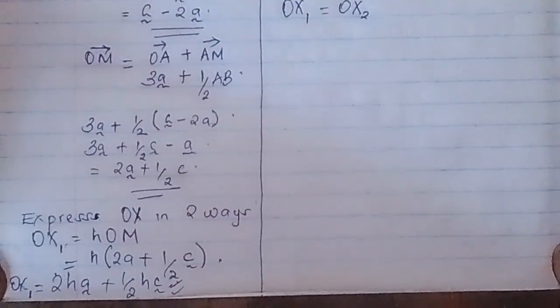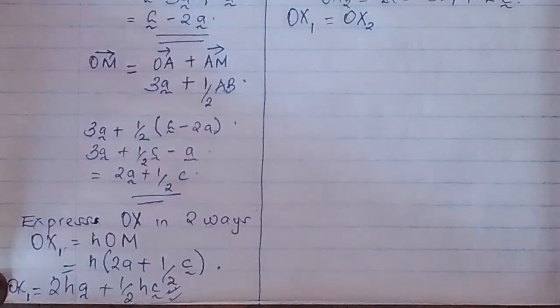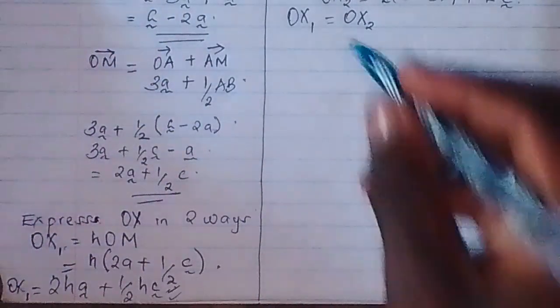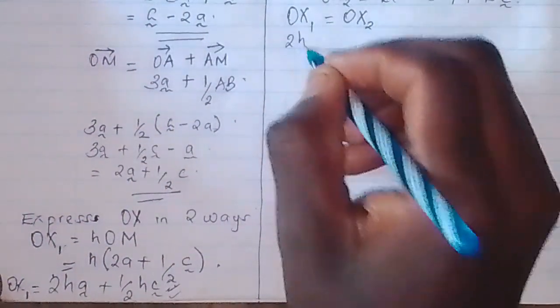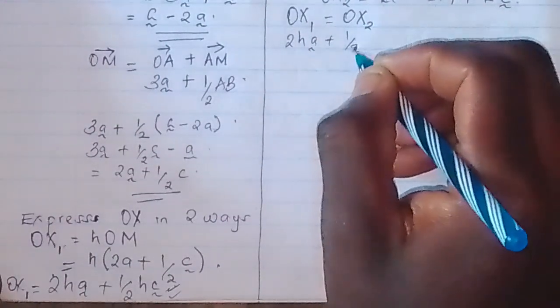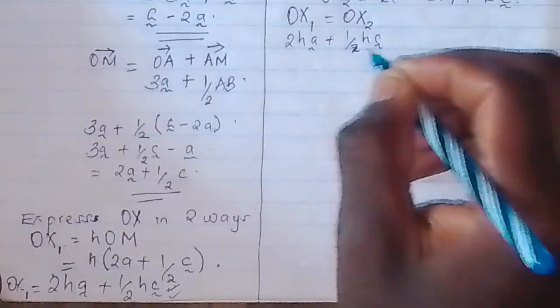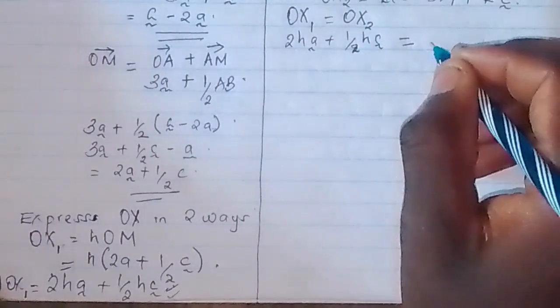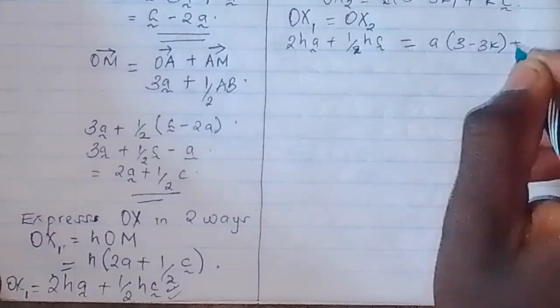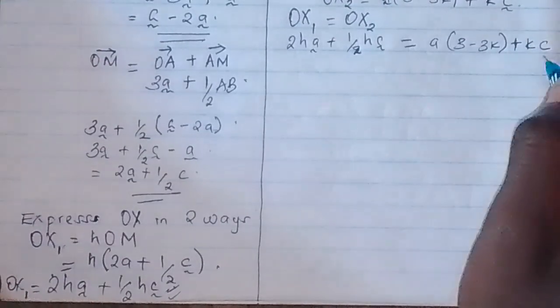We had it right there. So our OX1 is 2ha plus a half hc vector. This is equal to a into 3 minus 3k plus kc.